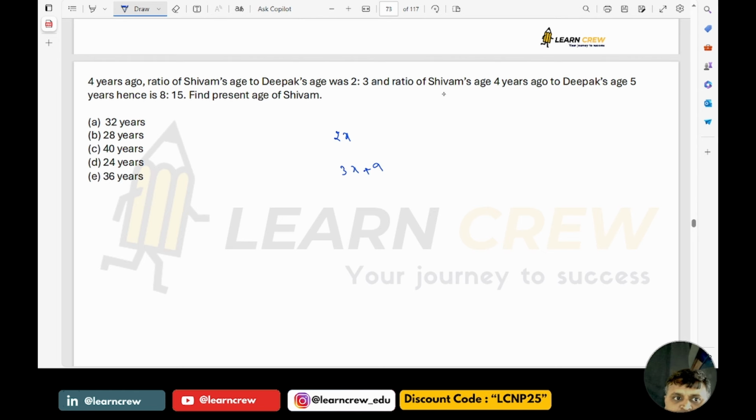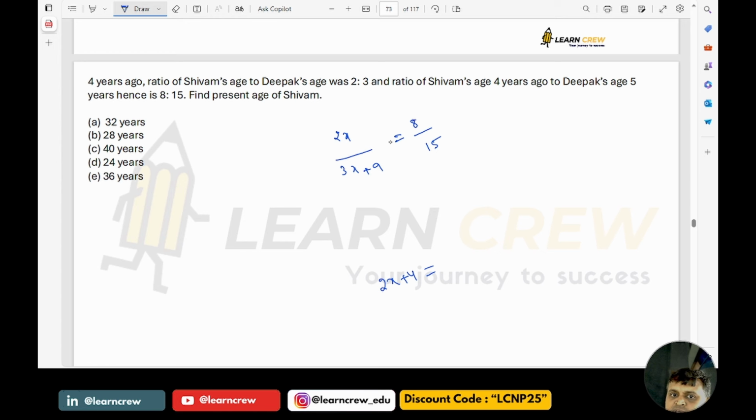But it is asked for Shivam's age 4 years ago, 2x, and Deepak's age 5 years hence. This is 8:15. Then find the present age of Shivam, so 2x plus 4 is the question.